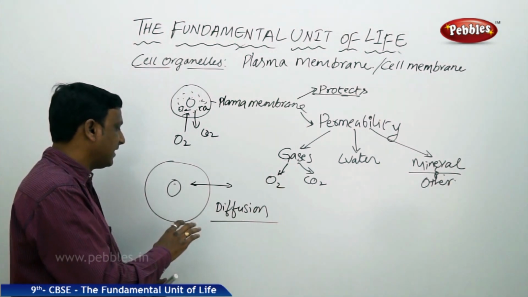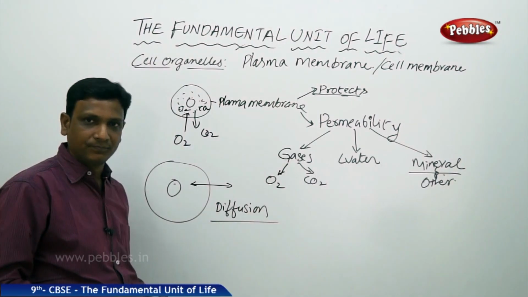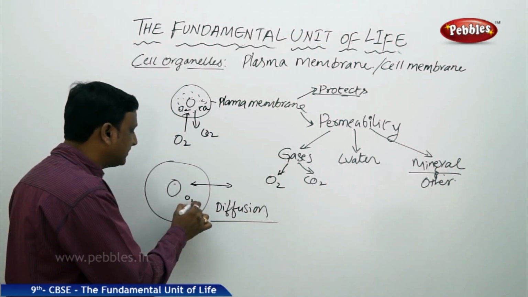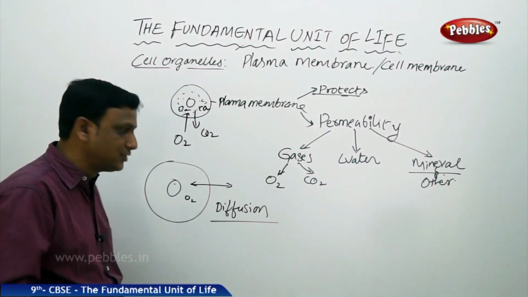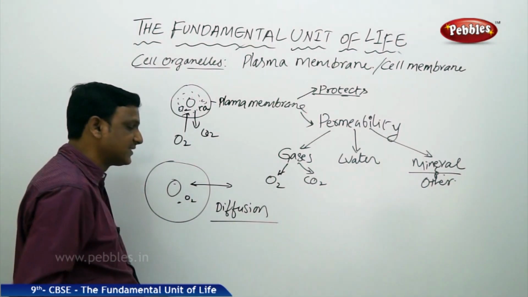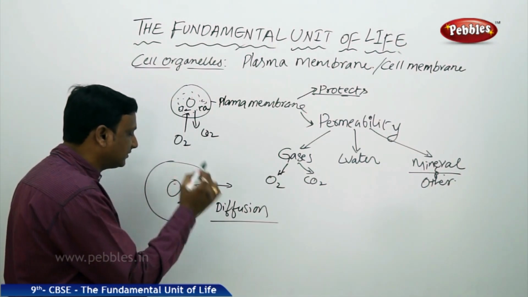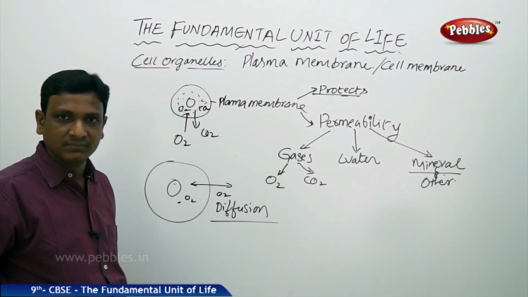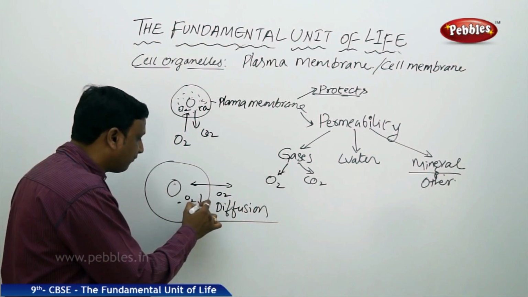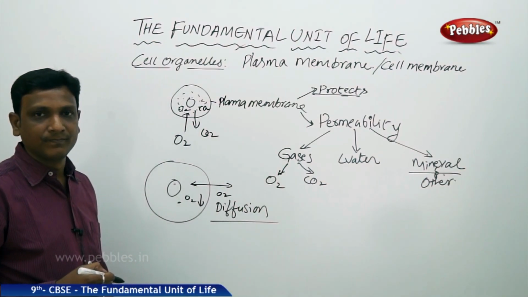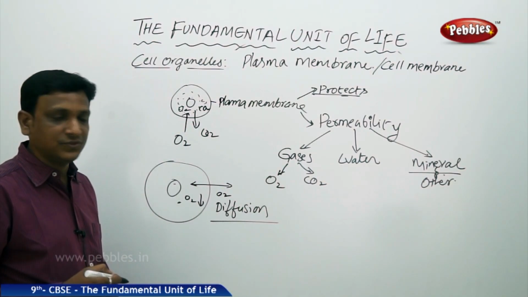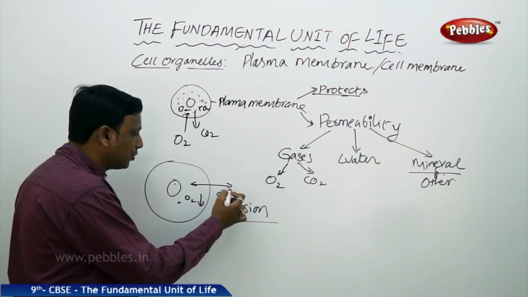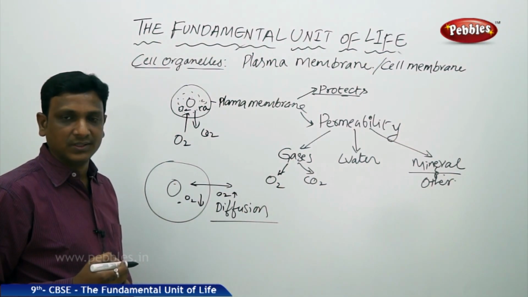In the same way, inside the cell, the oxygen is being consumed by the cell for various activities. Inside the cell, the oxygen is being used up, so the concentration of oxygen falls inside the cell. Oxygen diffuses from higher concentration to lower concentration.